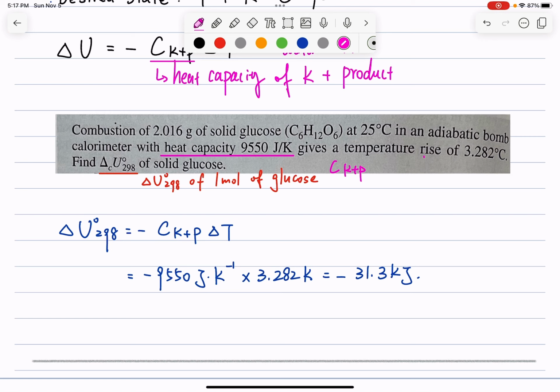But what we want is the delta U_c here. This subscript c is telling you it's relatively similar to the molar change of internal energy. So we're talking about the delta U of 1 mole of glucose.